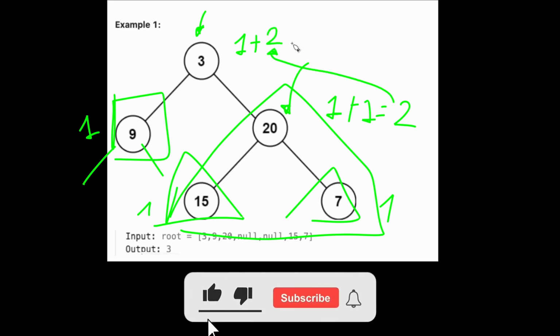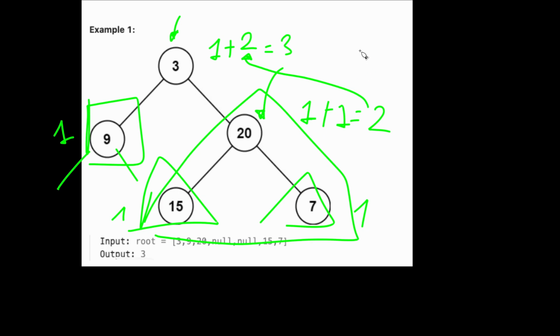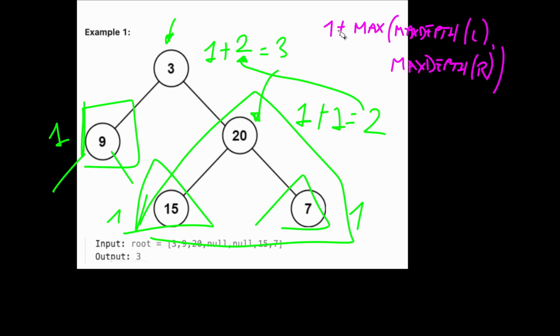We have 1 plus 2, which at the end is going to be 3. As we can see, the algorithm we have used is the following. This is the formula we have used: 1 plus the maximum of the max depth of the left and the max depth of the right child. The time complexity of this algorithm is big O of n.